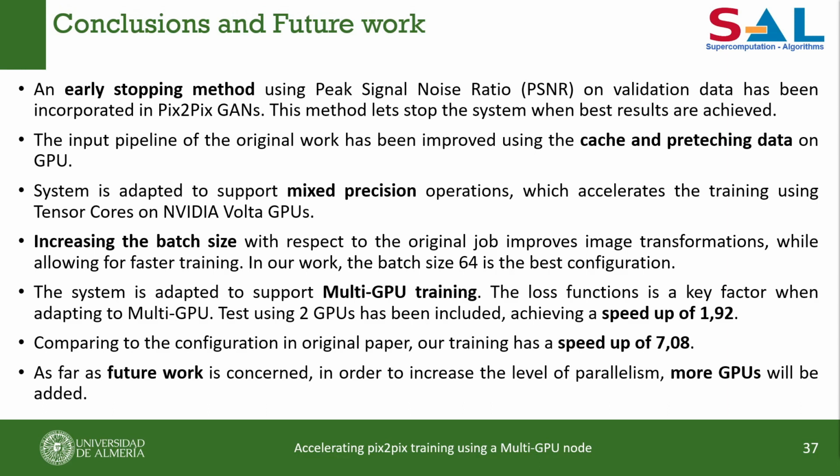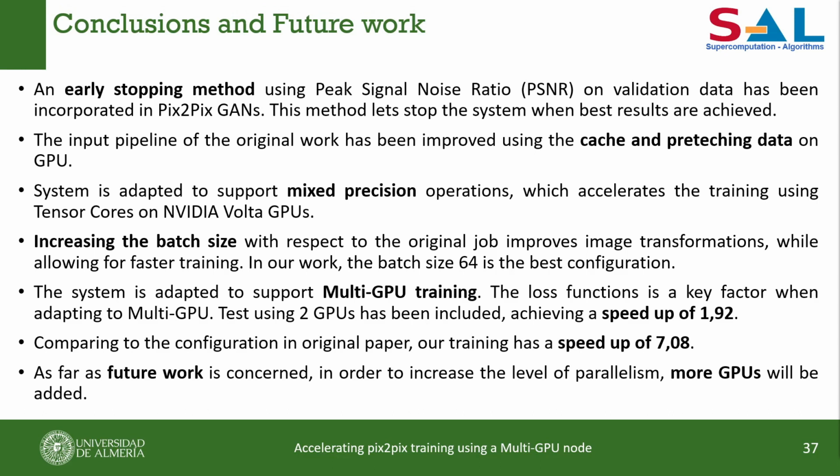The input pipeline of the original work has been improved using the cache and prefetching data in the GPU. The system is also adapted to support mixed precision operation, which accelerates training using tensor cores on NVIDIA Volta GPUs. Increasing the batch size with respect to the original work improves the image transformation, while allowing for faster training.